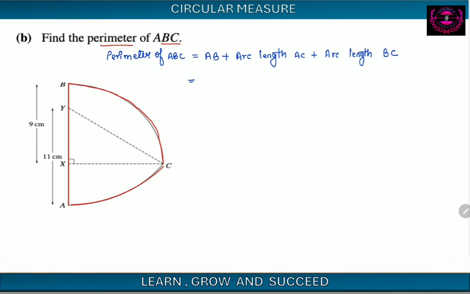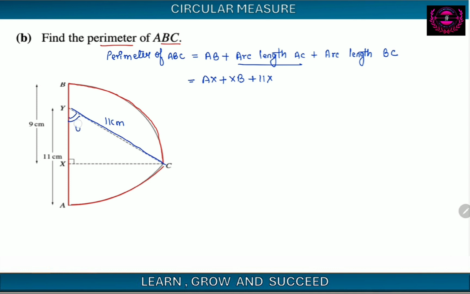Now for AB we need to find AX. AB is AX plus XB plus arc length AC, which is R into theta. So for arc AC radius is 11 centimeter. So R into theta.